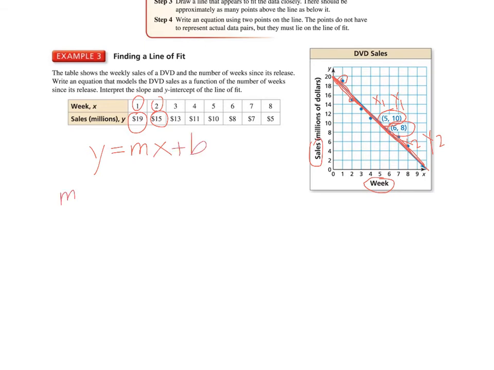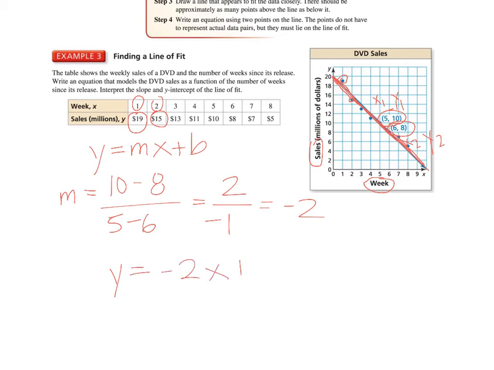I need to figure out the slope. I'm going to use y1, which is 10, minus y2, which is 8, over x1, which is 5, minus x2, which is 6. So I have 2 over -1, so I end up with -2.